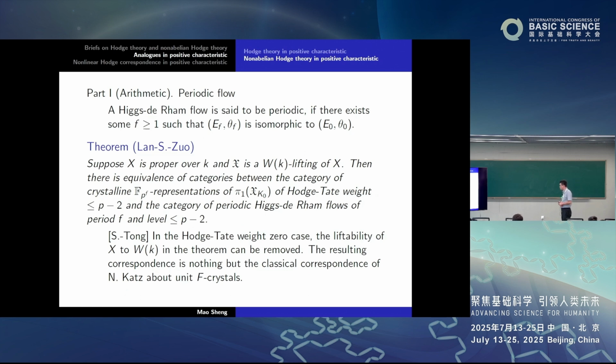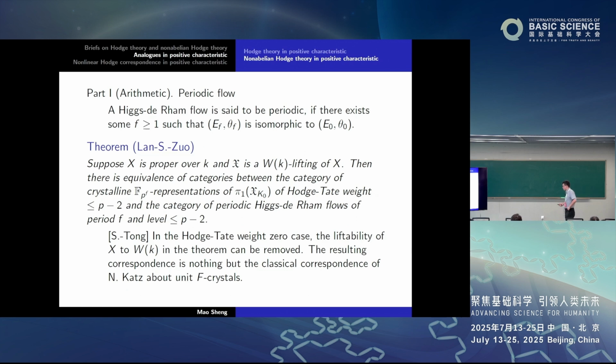Then there is an equivalence of categories between the category of crystalline F_p representations of pi_1, here the pi_1 is the étale fundamental group of the generic fiber of your lifted scheme, where we also assume a small Hodge-Tate weight, and the category of the periodic Higgs-de Rham flows with period f and level less than p minus 2.